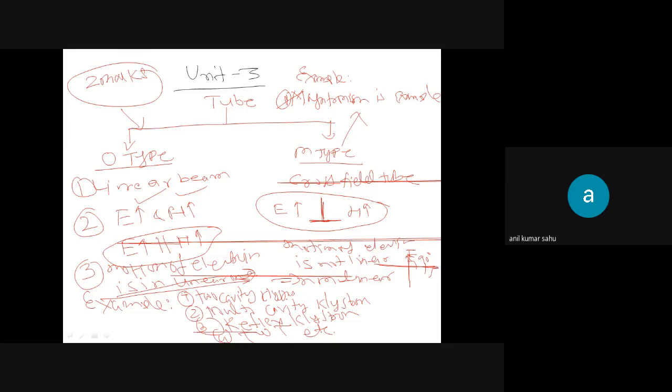Now going ahead with linear beam tubes, we will concentrate first on the linear beam tube, and basically on the klystron. Here we will see the classification of klystron.